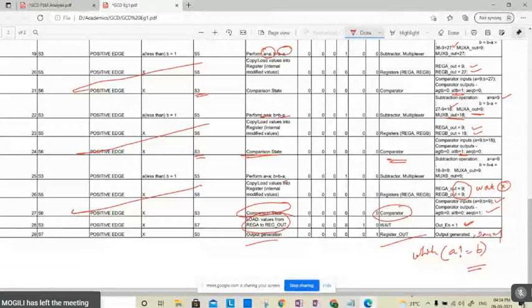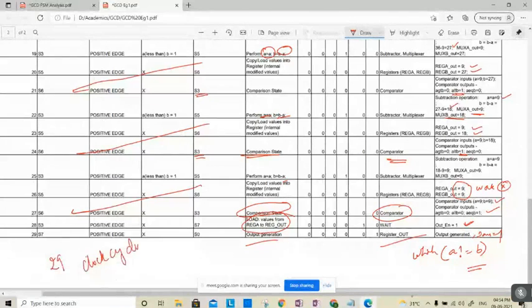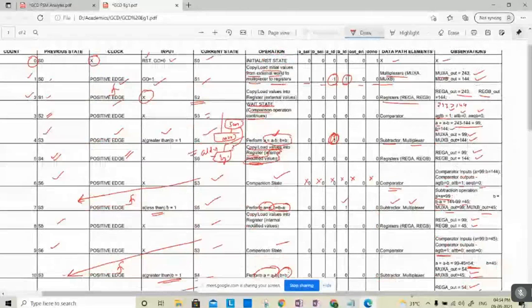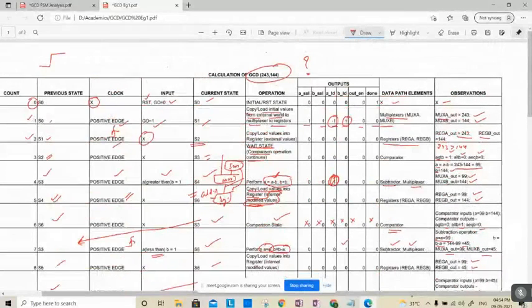So 29 clock cycles. Now why have I told you all these things? 29 clock cycles are present in this way.